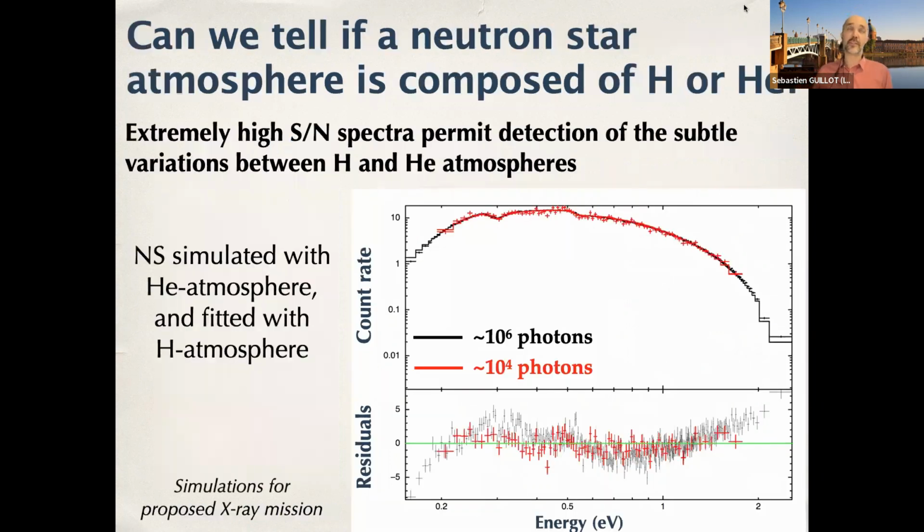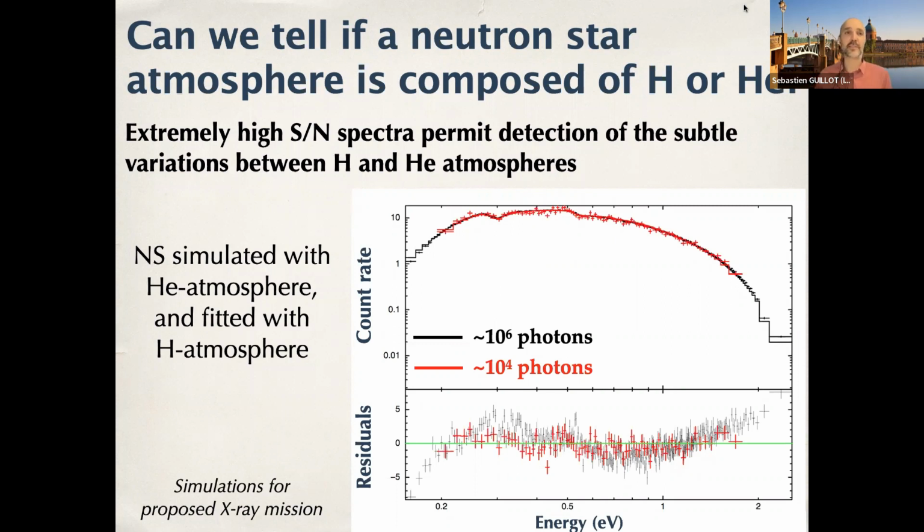At the current signal-to-noise of the spectra that we have, we cannot really differentiate hydrogen and helium. The differences are very subtle, and we can fit the data with hydrogen or helium models equally well, and it's impossible to tell. It will just give you a different temperature, and a different temperature for the same data set will just result in a different radius.